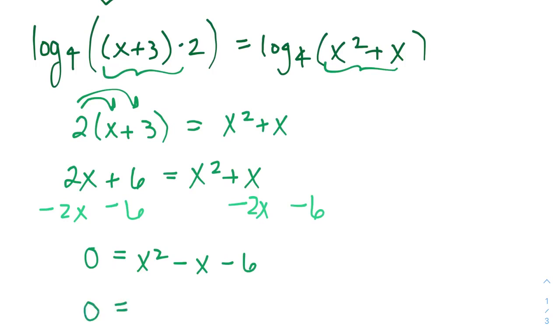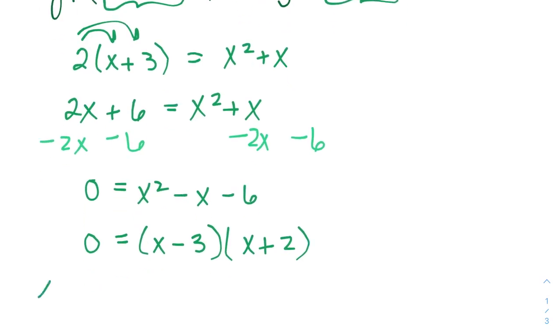It's a quadratic, so we factor it: x minus 3, because we want that to be a negative x, and x plus 2. Leading coefficient of 1 means we're just looking for what multiplies to negative 6 and adds to negative 1.